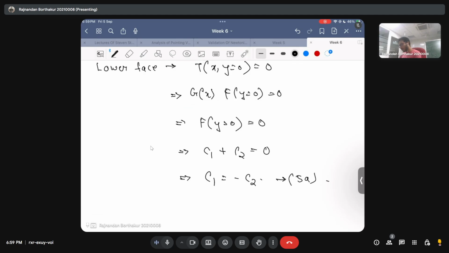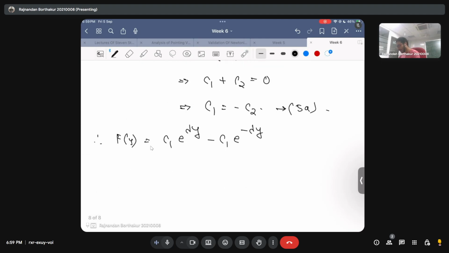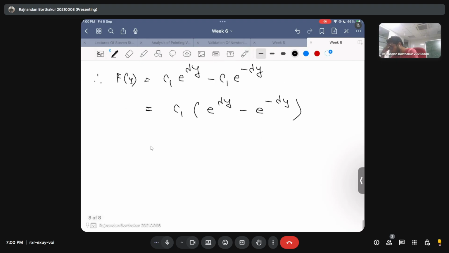Therefore, my form of f of y will look something like this. It is C1 times e power lambda y, but C2 is minus C1, so I'll write it as minus C1 times e power minus lambda y. If I take C1 common, I can write it as e power lambda y minus e power minus lambda y. And now I will use a property: sinh lambda y is nothing but e power lambda y minus e power minus lambda y, divided by 2.